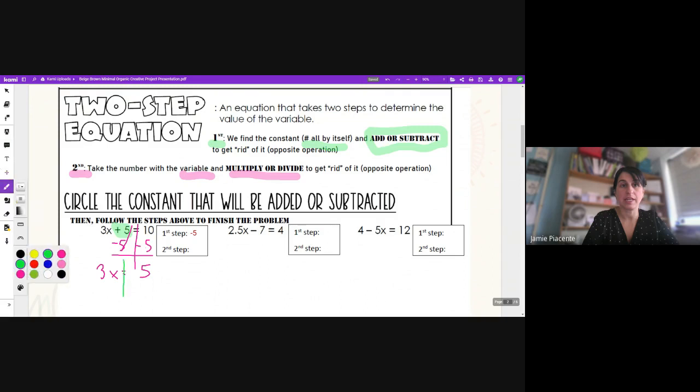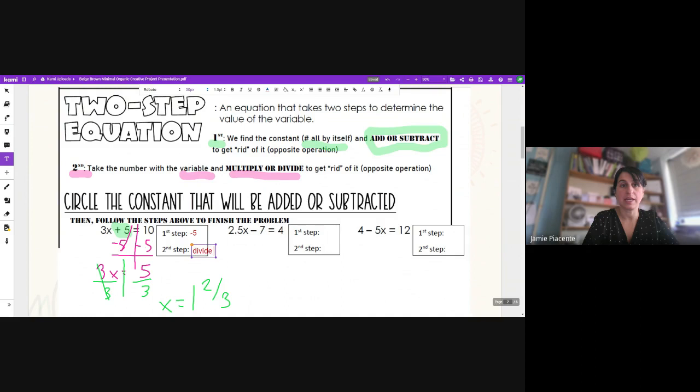Draw my line. How do I get x by itself? Divide both sides by 3. And x equals, we're going to do 5 divided by 3. And let's put it into a fraction. We get 1 2/3. So my second step was divide by 3.